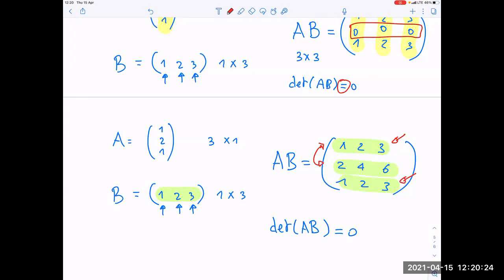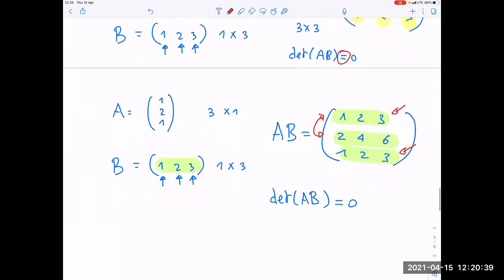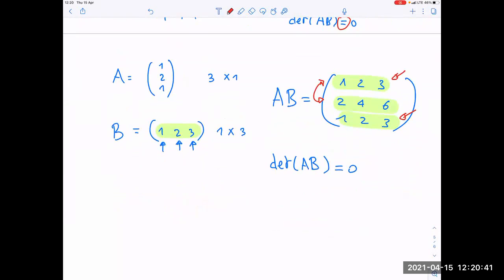And so when you compute this, you get 0 determinant, because after a linear combination, you can reduce this to have zeros. So let's see how this could work in general.